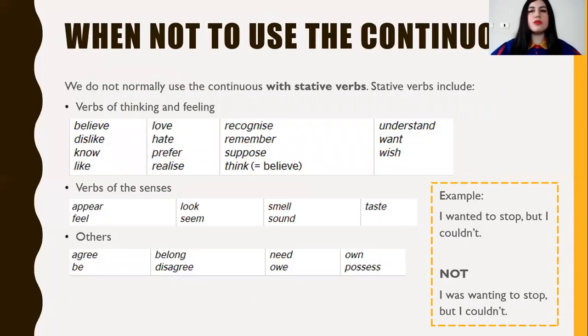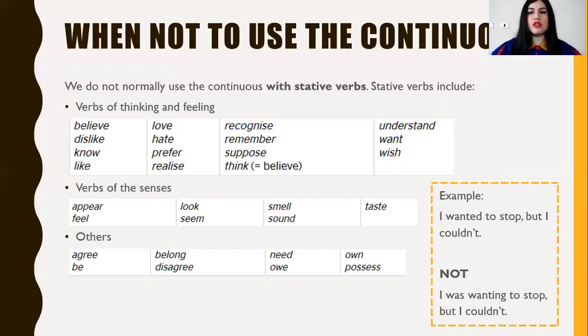Now, there are some verbs that we don't usually use the past continuous or any continuous tense with. For example, stative verbs. Stative verbs are verbs that talk about thinking, feeling, senses, and other things that don't really work in a period of time, so it wouldn't really make sense to use the continuous tenses here. So for example, believe, dislike, know, like, love, all of this.